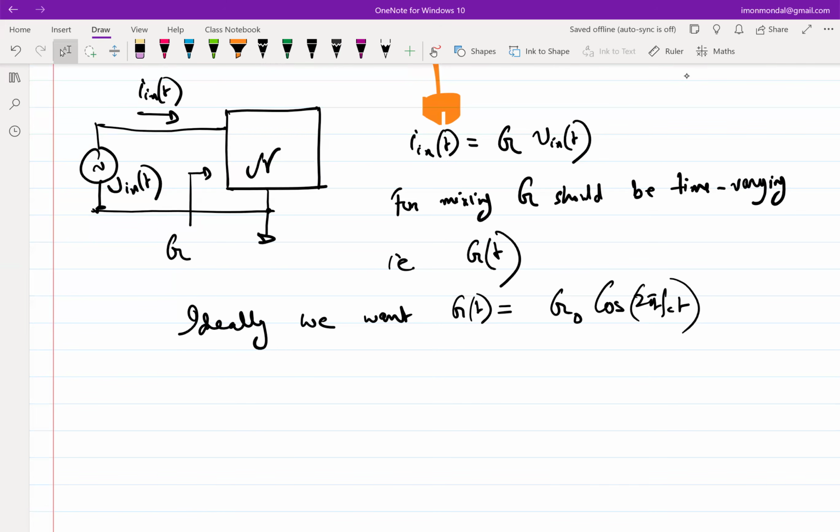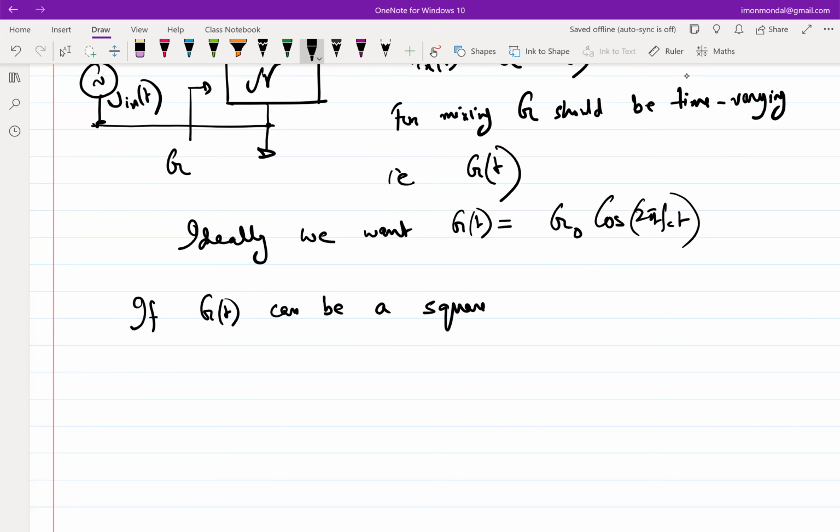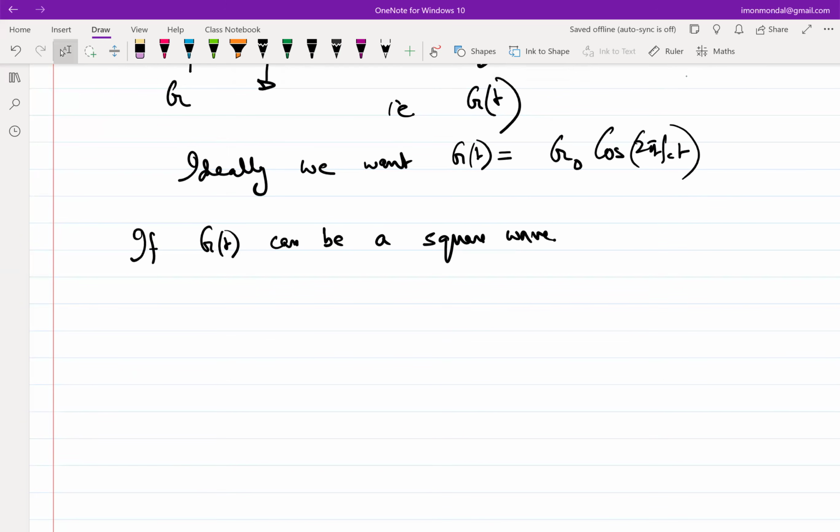Fine. So if that is something that we can look forward to, then all we need is, if g of t can be a square wave, then what is the easiest way to generate a g of t that is a square wave?